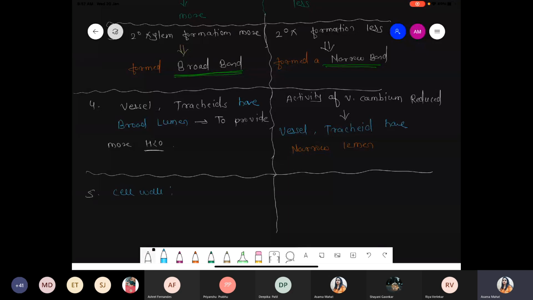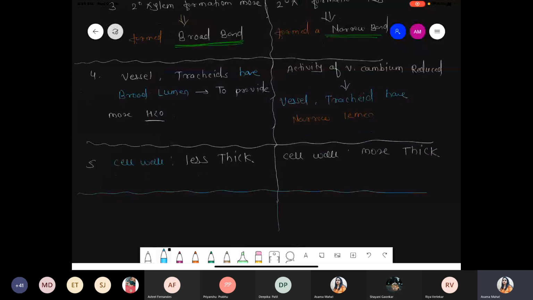Cell walls will be less thick, but less. But when you compare this point with unfavorable conditions, the cells are less active. So whatever we are talking about, the cell walls are more thick.